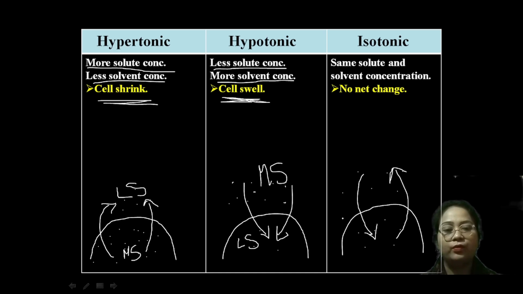So this will go on repeating, recycling, like so. There will be what? No net change. Like before we got in hypertonic, the cell will shrink, and in case of hypotonic, the cell will swell. But here no net change will occur. Okay, that means even if the movement will occur, there is no net change, because how much will go in, that much will go out also. Okay, now let's move to the next.